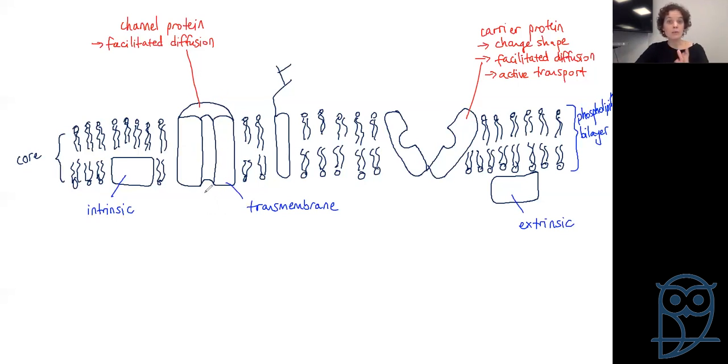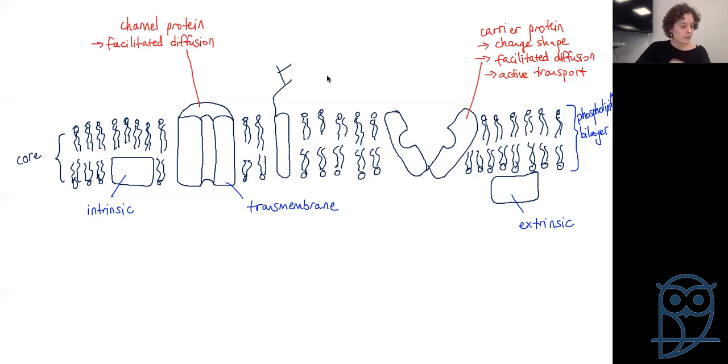So they'll just fit. They can be very specific, these proteins. Remember, structure leads to function. So as soon as we control structure, we control function. And we very, very tightly control protein structure because that is all coded for in our DNA. Right, so these are two transport proteins, channels and carrier proteins.